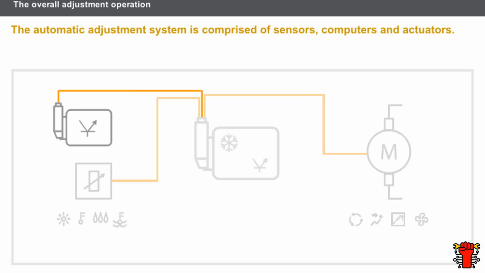The computers send signals to the air conditioning computer. The air conditioning computer receives the signals from the sensors and other computers, analyzes them according to its mapping, and controls the actuators. The actuators carry out the actions requested by the computer to attain the level of comfort requested.